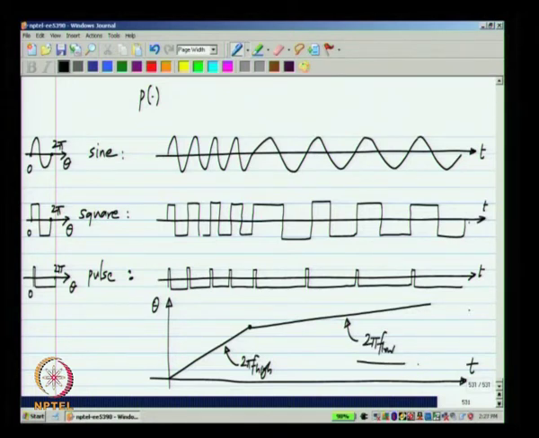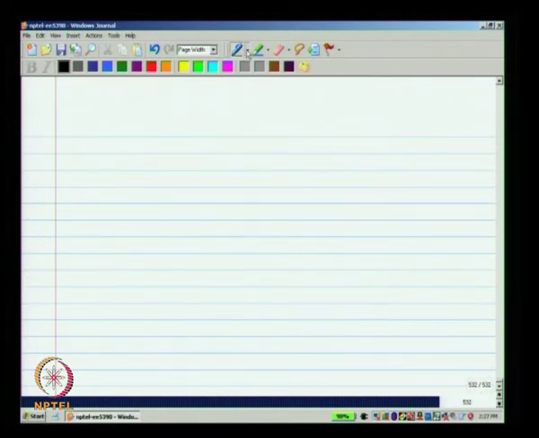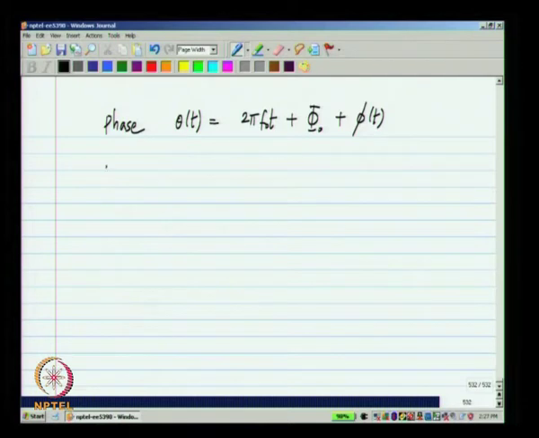So, this is the general definition of phase of a signal. And from this we can define the generalized frequency.